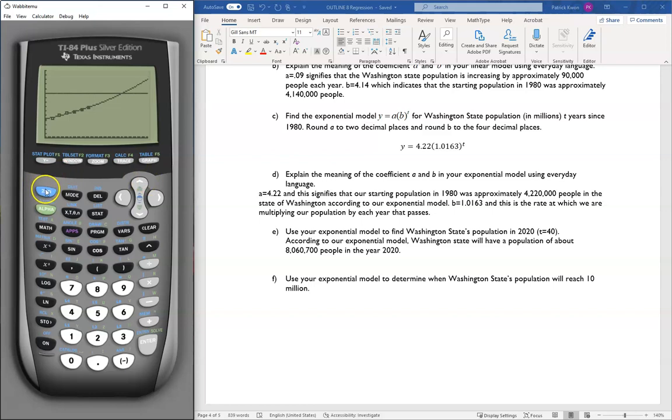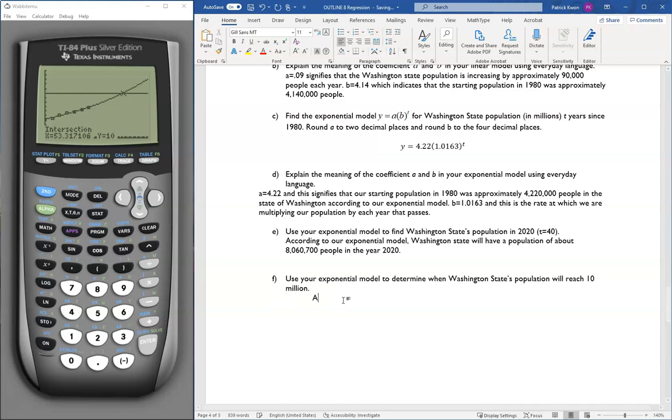All right, and so now we want to find where these intersect, and that will help us answer question F. So I'm going to hit second, calc, and we want to find the point of intersection. So we could press enter, enter, enter, and then it will give us our intersection point. And so here we have 53.317.